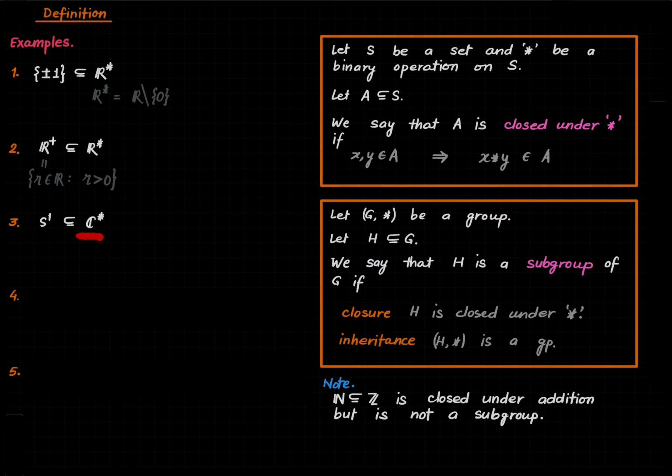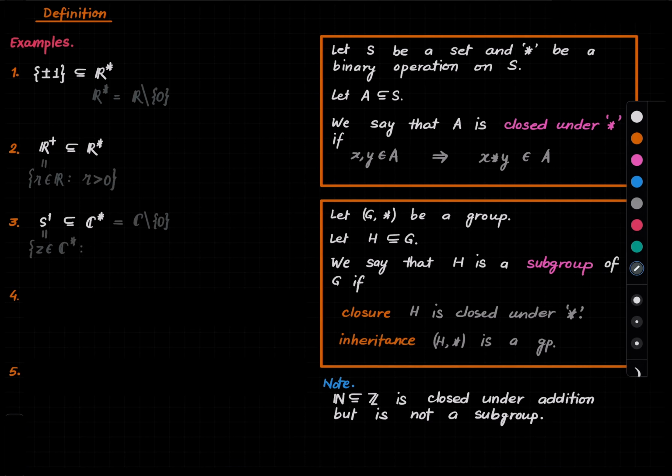So we have C star, which is, again, recall, C star is C, but you take out 0. And it is a group under the usual multiplication of complex numbers. And S1, recall, S1 is unit magnitude complex numbers. All those complex numbers which have unit magnitude. Let me write a C star there.